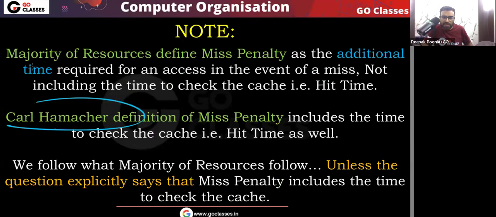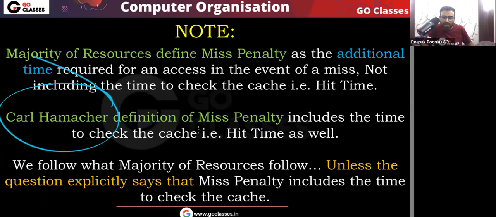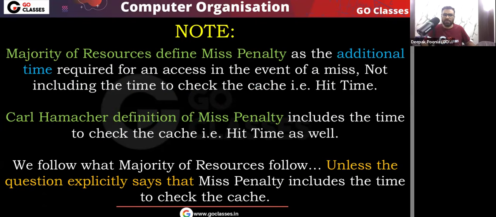And you can see the Carl Hamacher definition of miss penalty includes the time to check the cache memory. Means, the miss penalty definition by Carl Hamacher includes the cache hit time.